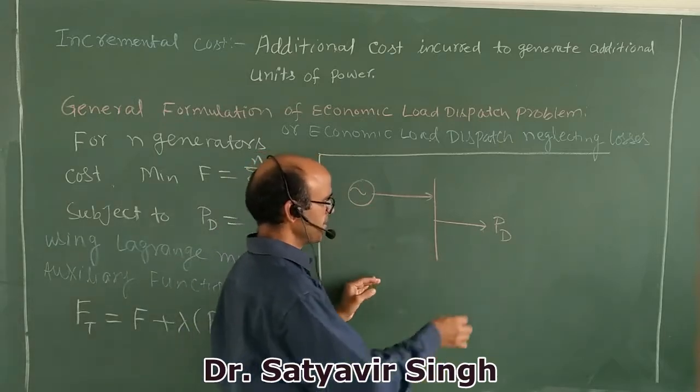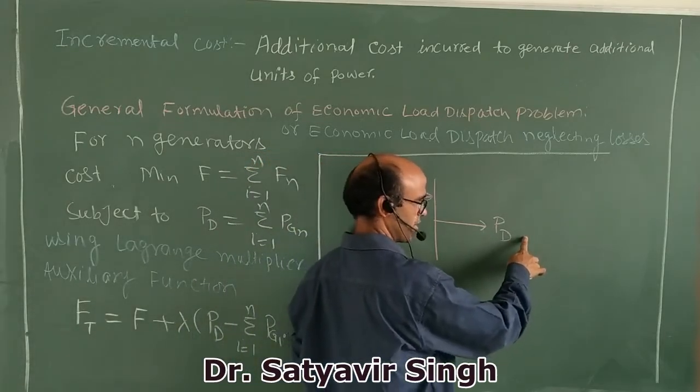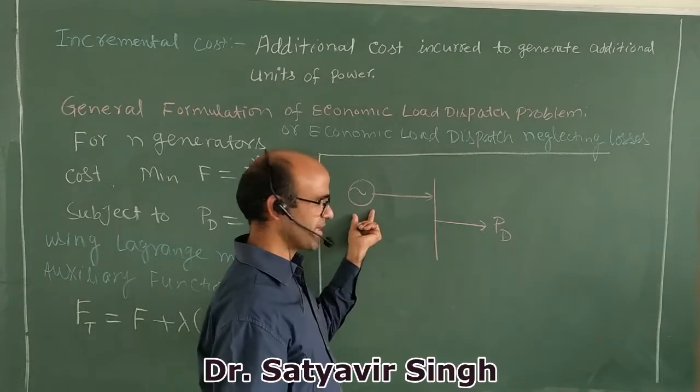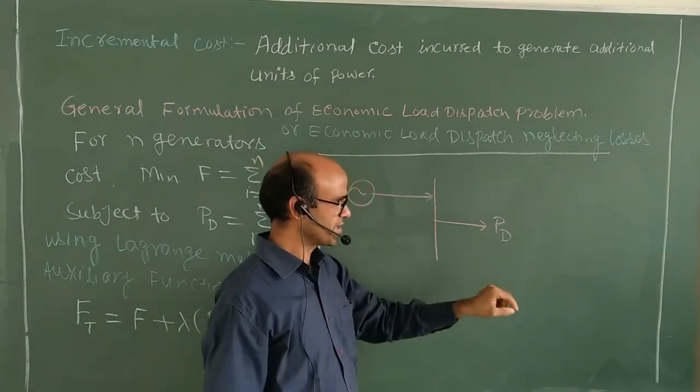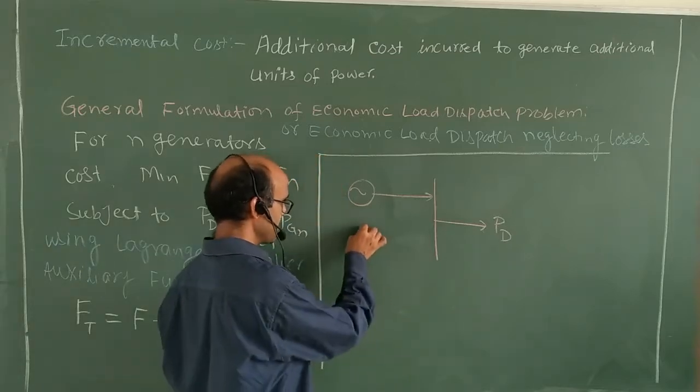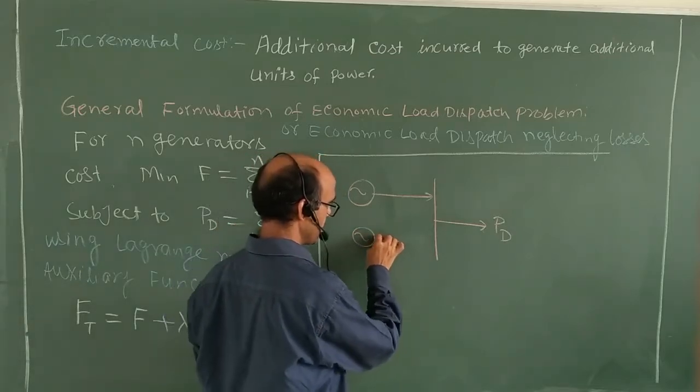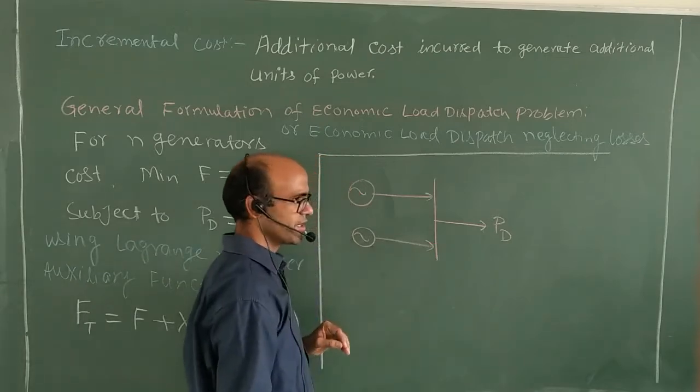Demand up to 5 megawatt can be satisfied, since its capacity is 5 megawatt. But if demand goes beyond this 5 megawatt, then we need an additional generating unit to satisfy the demand.